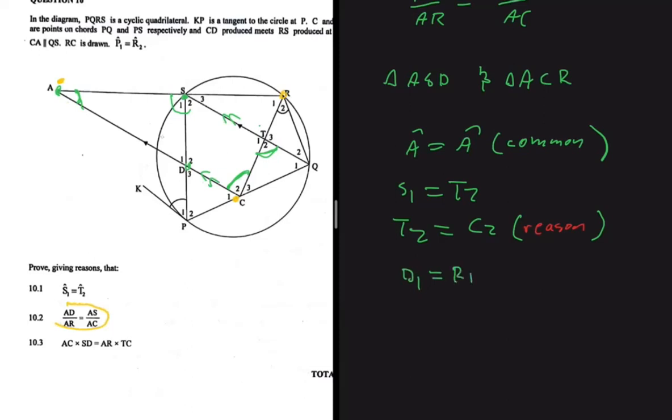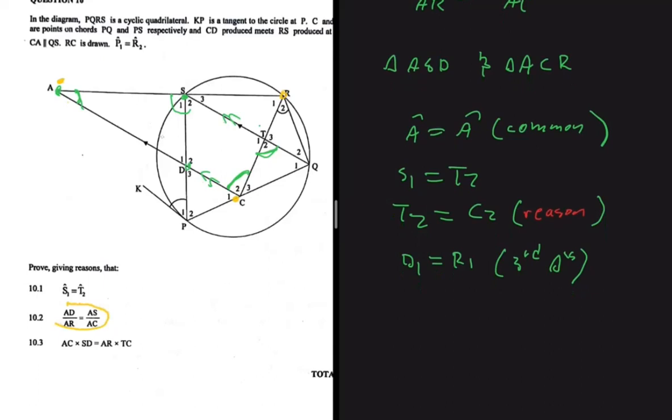Why is D1 equal to R1? Because of the third angle of triangles, right? If the other two angles are equal to each other, then consequently the third angle should be equal too. So we've proved that ASD is similar to ACR, right?